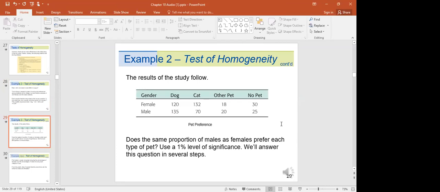So what I want you to do now is to enter this in the calculator as a matrix.